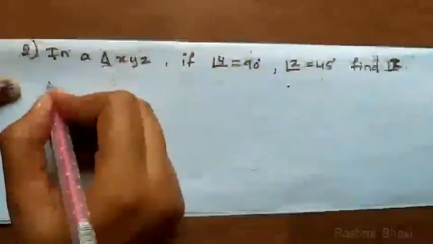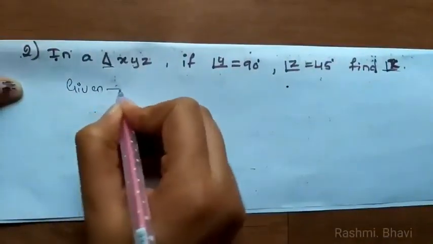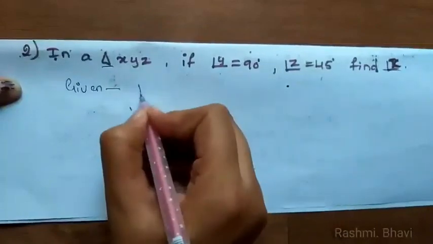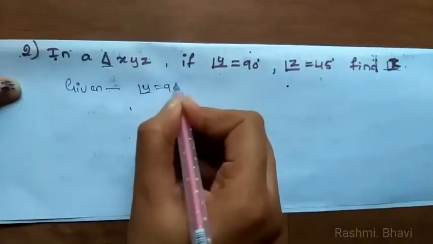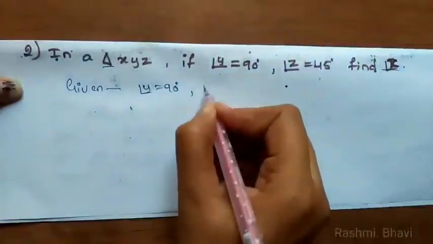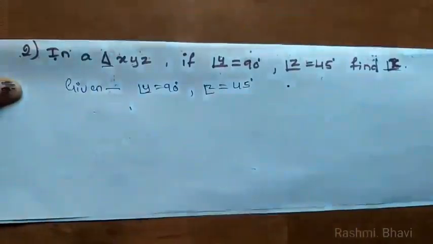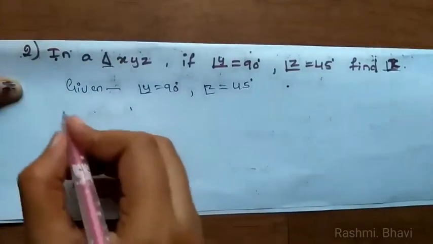So first, before solving this one, we have to write the given. What is the given? Angle Y is equal to 90 degree. Next, what they given here? Angle Z is equal to 45 degree. What we have to prove here?